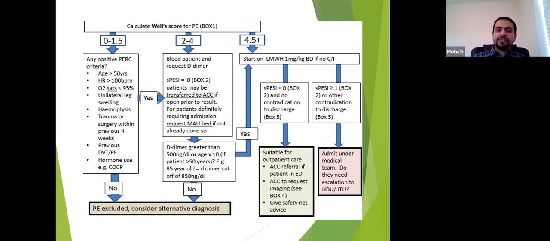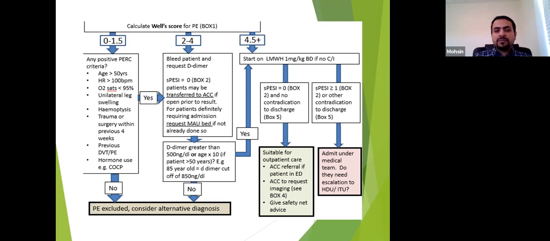And evidence suggests that you should also start treating them with anticoagulation even before waiting for the CT or CTPA results, if their D-dimer is positive, so you don't have to wait for a CTPA result. You can just start low molecular weight heparin if there are no contraindications.